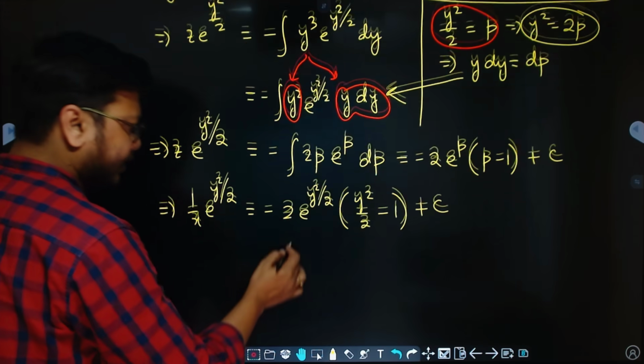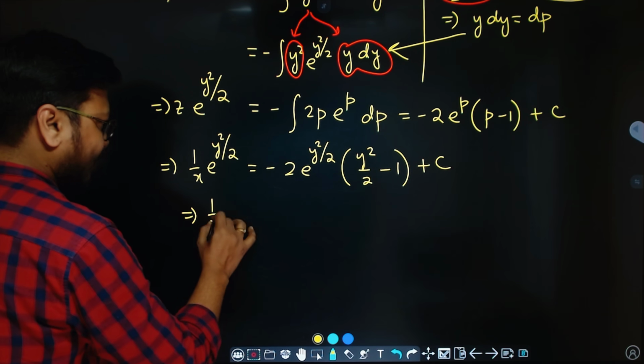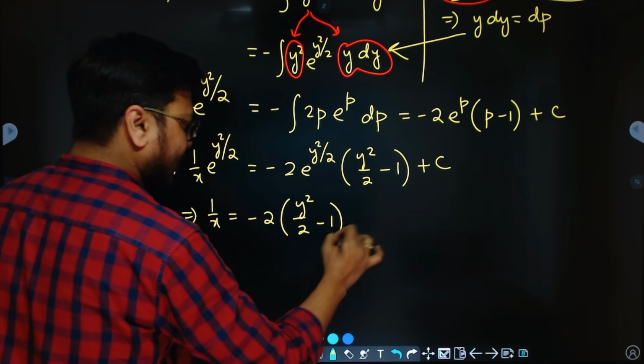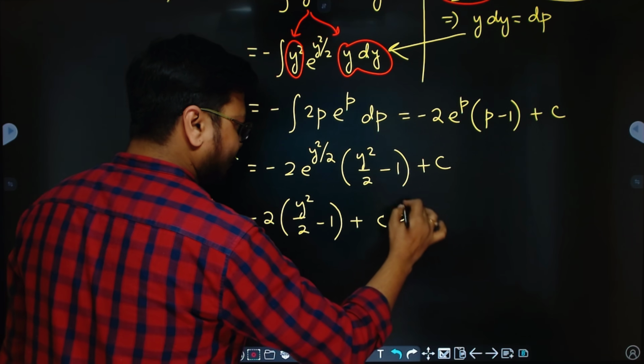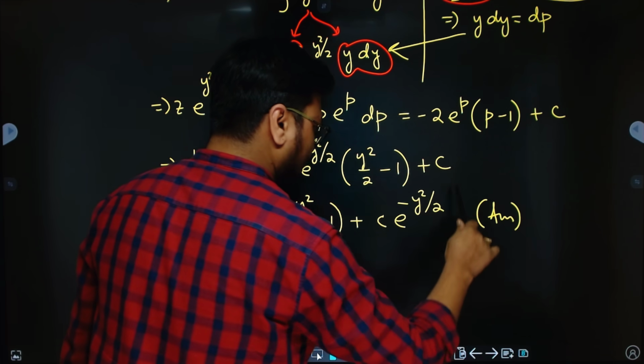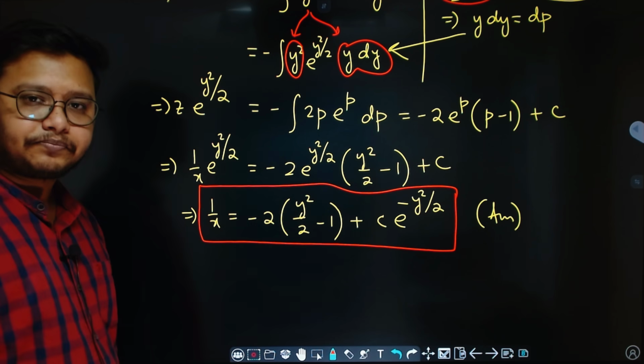So let's get rid of the e to the power y square by 2. So I'll have 1 by x equals minus 2 y square by 2 minus 1 plus c into e to the power minus y square by 2, and that's our final answer, right?